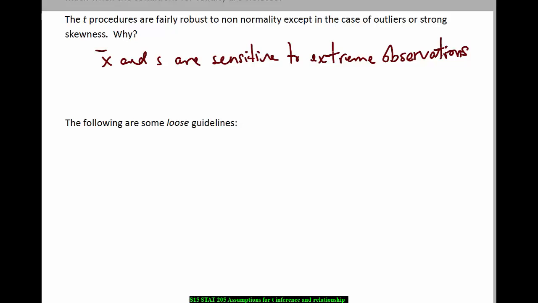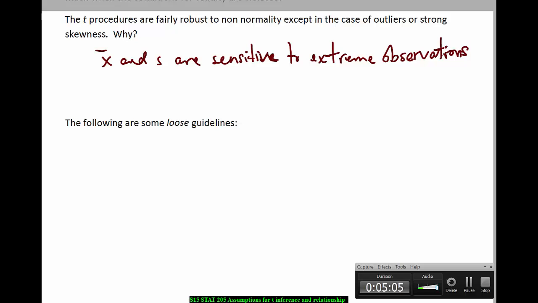We already mentioned that the further away your original distribution is from normal, the bigger the sample size needs to be to correct for that, so that the central limit theorem will tell us that the sample mean has a normal distribution. And we also need to consider whether there are extreme observations and outliers in our distribution. So we're going to use the following loose guidelines as a rule of thumb when we're making those decisions.